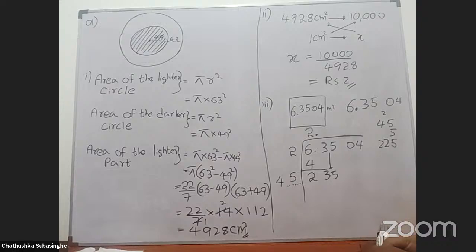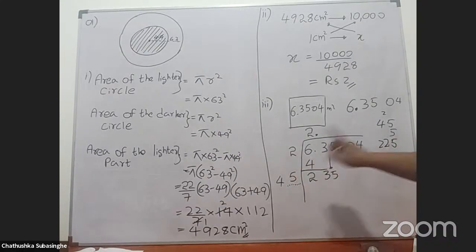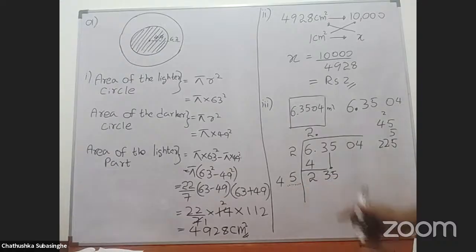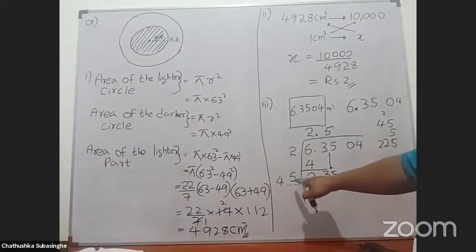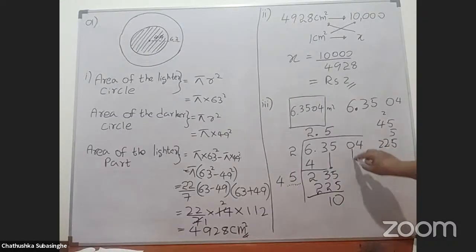It's 225. So that is the nearest. I put 5 here, because then only I can multiply this. 45 times 5 is 225, which is the nearest and less than 235. There's 10 left. Now bring down this 04.